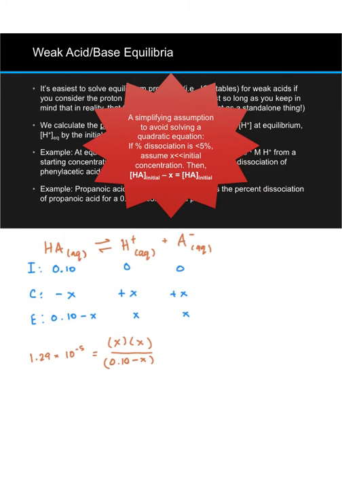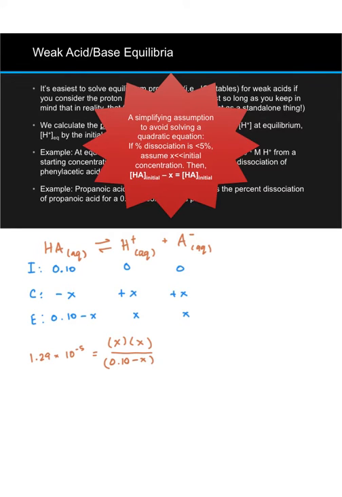If the percent dissociation for a weak acid or the percent association of a weak base is less than 5%, then we'll assume that so little H plus is established at equilibrium that there's really not much of a significant difference between our initial concentration of HA, that's 0.1 in this example problem, and the concentration of H plus at equilibrium, that's X in this example problem.